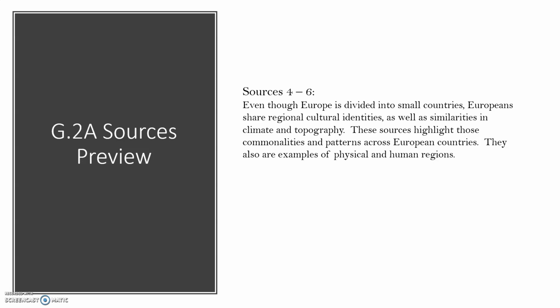So we're going to call those cultural identities for our sources. But also they have some physical characteristics in common. We're going to look at climate and topography. So these 3 sources are going to highlight those similarities, those commonalities, and also those patterns across the countries in Europe. And we're also going to see that these are examples of physical and human regions.